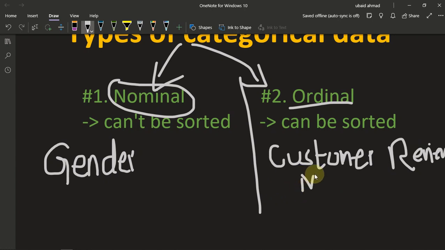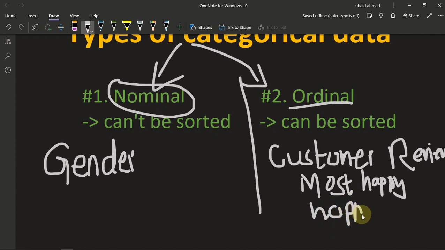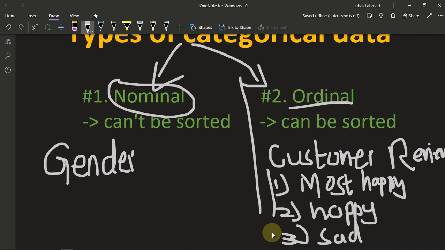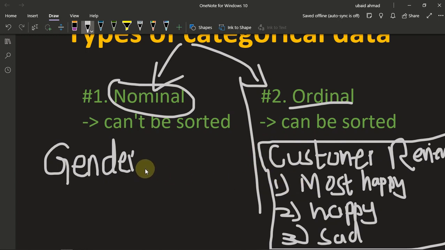We can say most happy, only happy, or it was just nice, or okay, or sad, and worst and things like that. So we can sort them out, like this is 1, this is 2, this is 3. So it is a full example of ordinal data, right? So ordinal can be sorted and nominal can't be sorted. This is the main difference between the ordinal and the nominal.